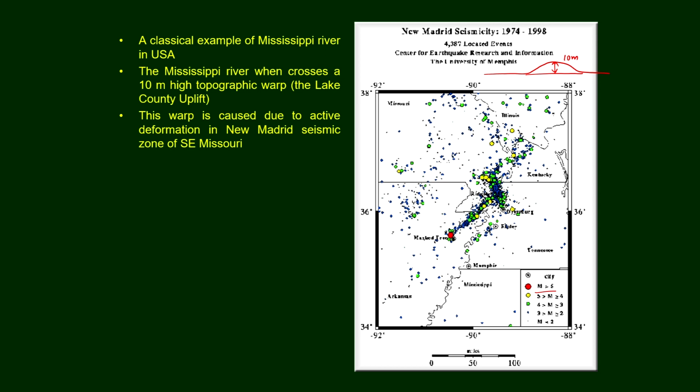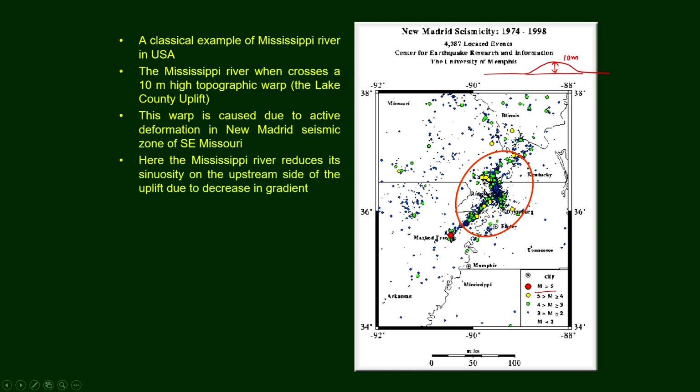This warp is caused by active deformation in the New Madrid seismic zone. This is the area of the New Madrid seismic zone, and the uplift or the warping has been caused by that. Here the Mississippi River reduces its sinuosity in the upstream.